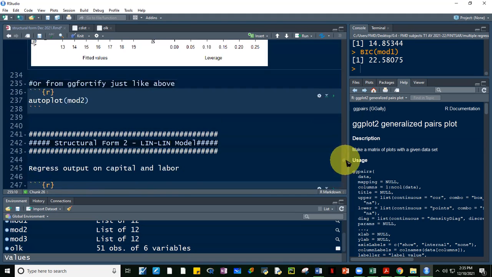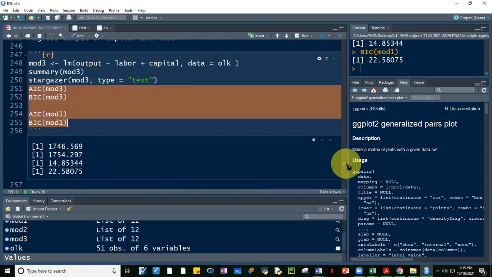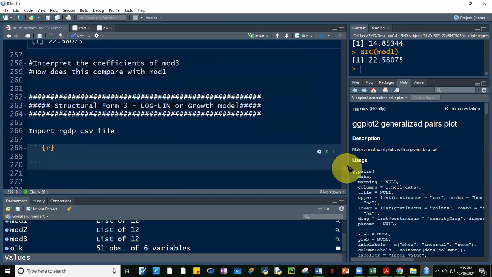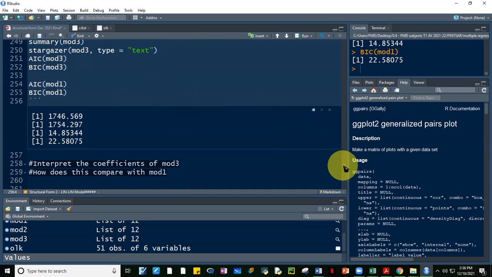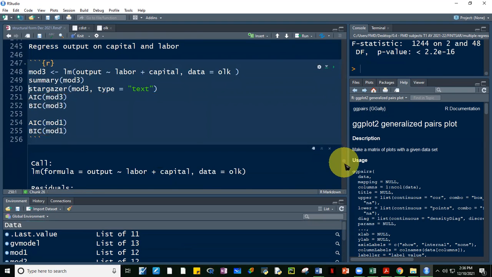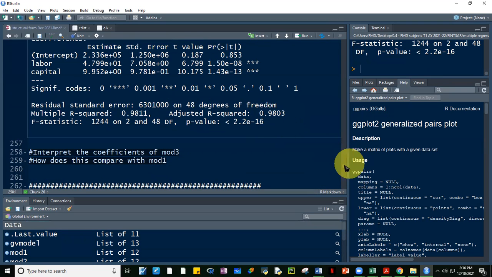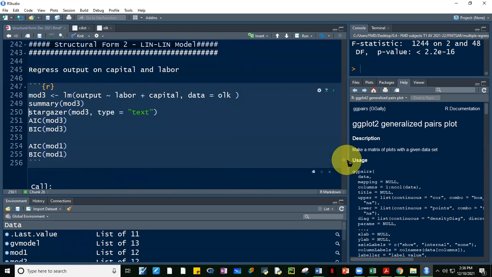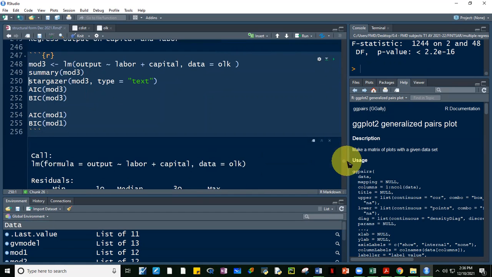Model 3, because it's 98%, while model 1 is only around 96%. So which is the better model, guys, model 3 or model 1? Chadwick, which is better?